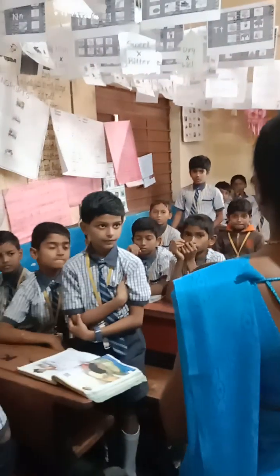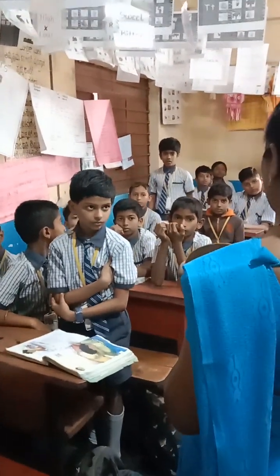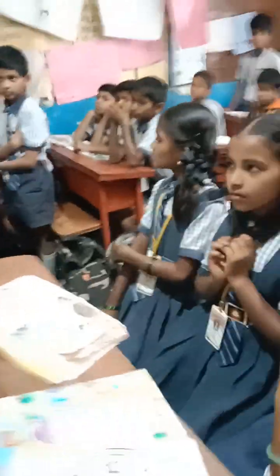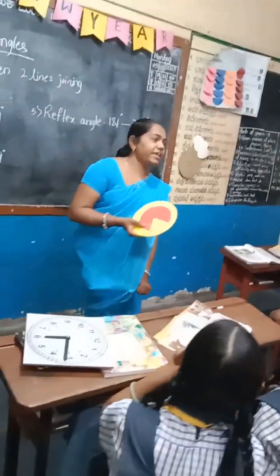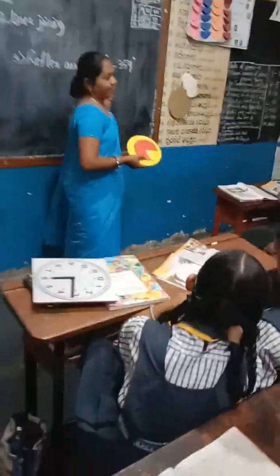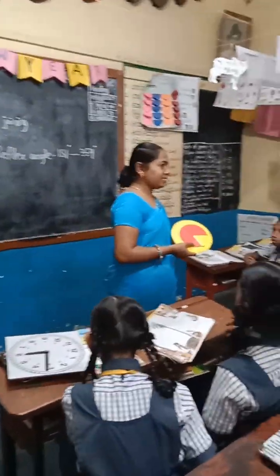Look at the board also. Reflex angle. So reflex angle starts from which angle, which degree to up to which degree? 181 degrees to 359 degrees. It is known as a reflex angle. You concentrate. Sit up.